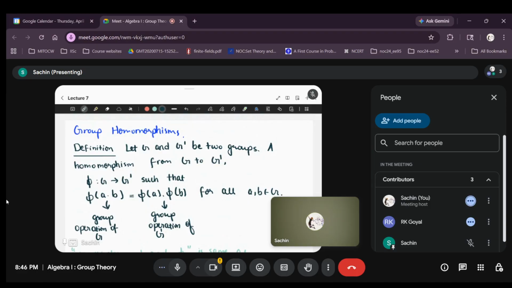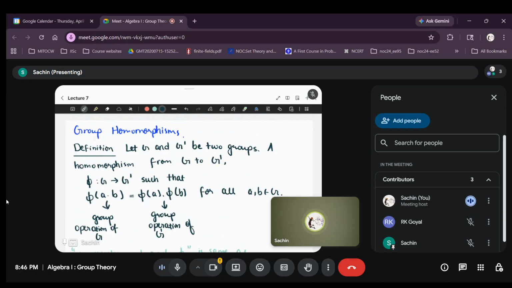No, that need not. See, it's a function, right? Phi is a function. So a function should be defined for all elements in its domain. So every element in G has some image in G prime. But I said it doesn't have to be onto.